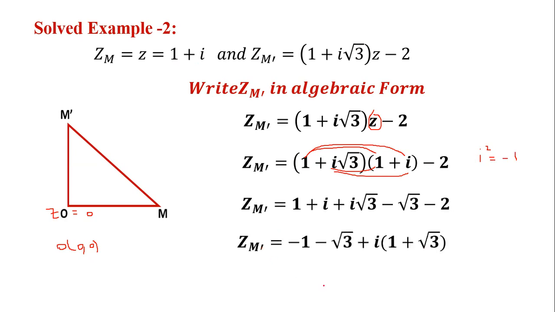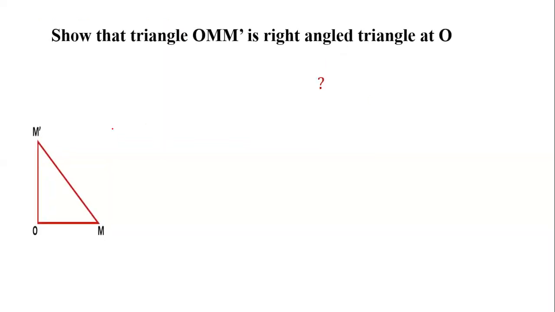Separating the real parts and the imaginary parts, we get Z prime written in the following algebraic form. So the first part was about writing Z prime in algebraic form. Here it's done. And now, how to prove that the triangle OM prime is a right angled triangle?